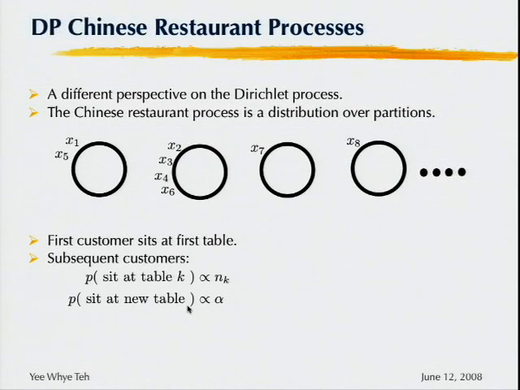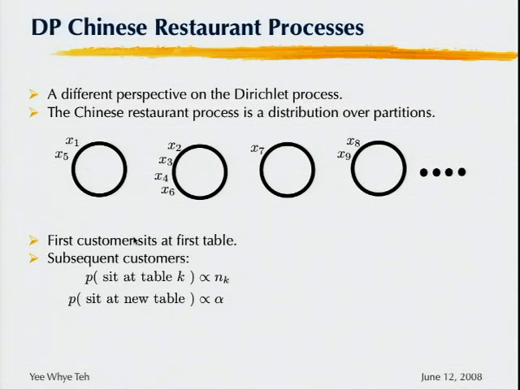Okay. So if you have 9 customers, this produces for us a partition of the 9 customers into multiple tables, right? If you think of customers as data points and tables as clusters, this produces a distribution over clusterings of data points.